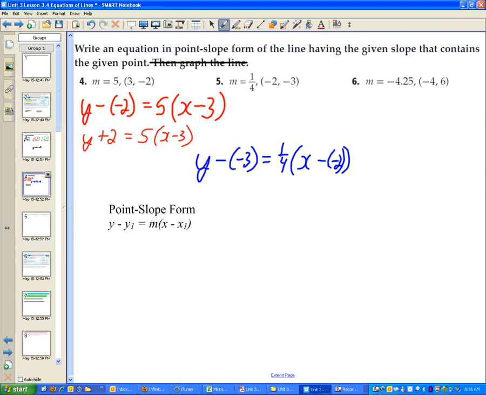And that is in point-slope form. It's just not in the simplified version of point-slope form. So the simplified version would be y plus 3 equals 1/4 times the quantity x plus 2. And now we have it in the simplified version of point-slope form. Any questions? All right, do 6.